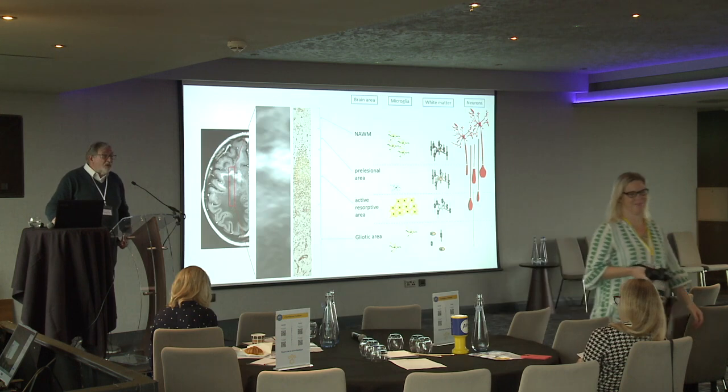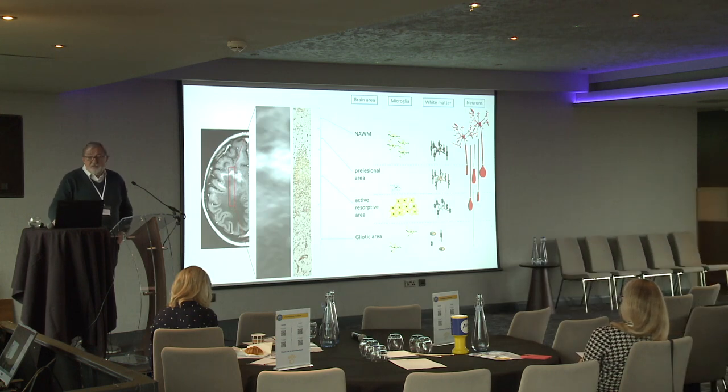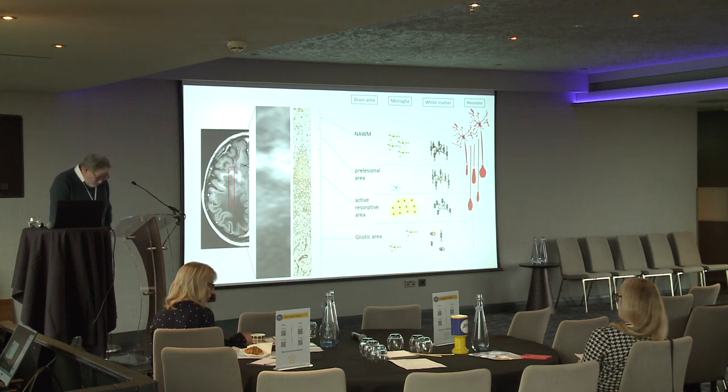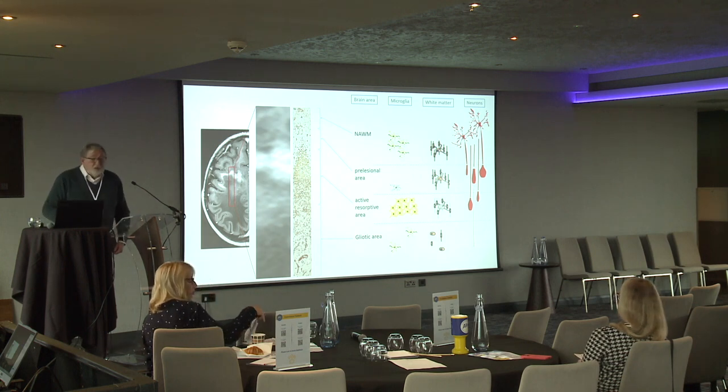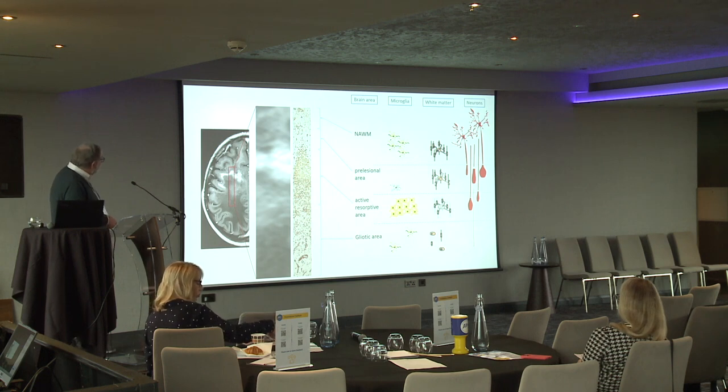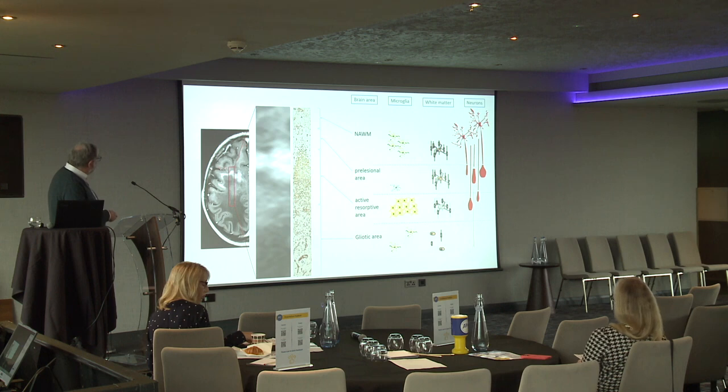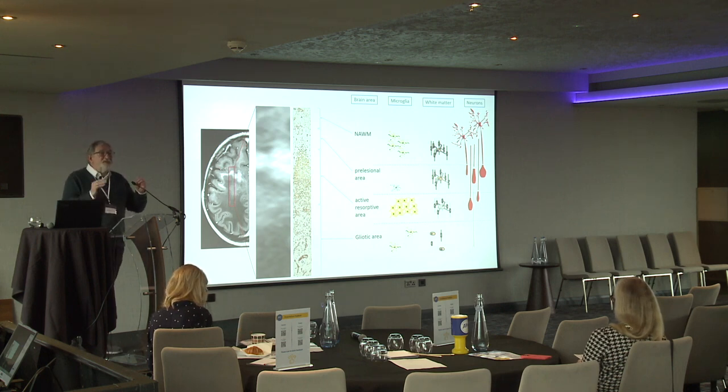When we looked at the brain, for example, in these patients, we saw that even in areas where the MRI looks completely normal, there is already neurodegeneration. What does it mean?